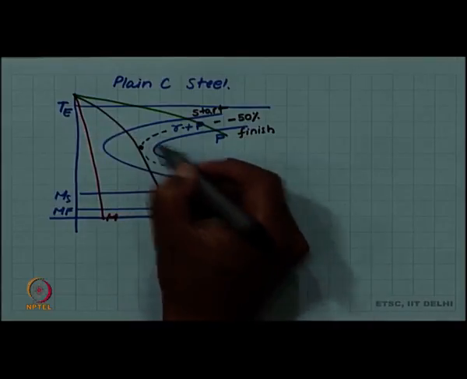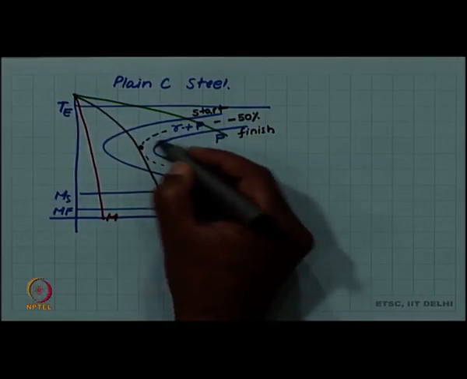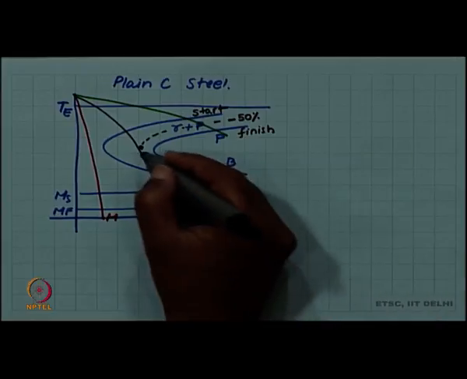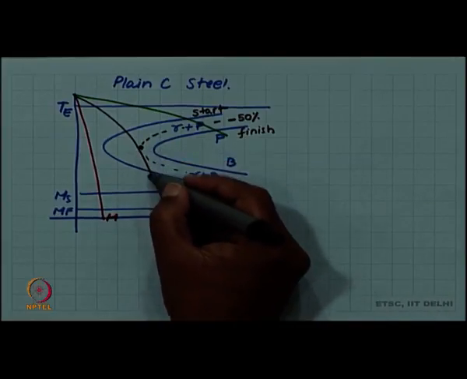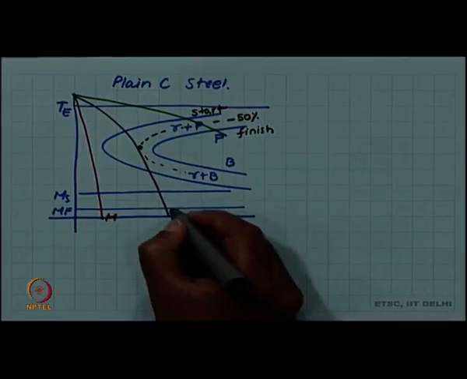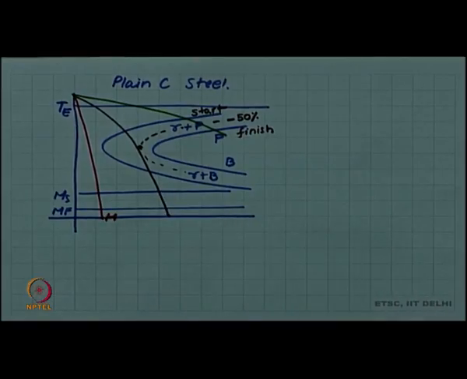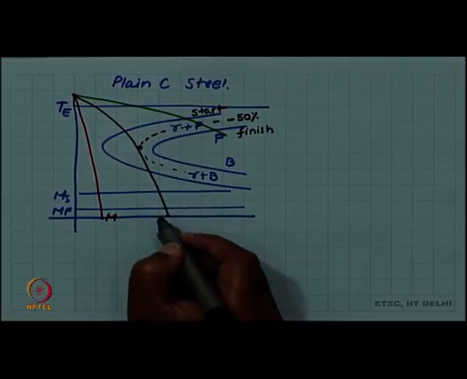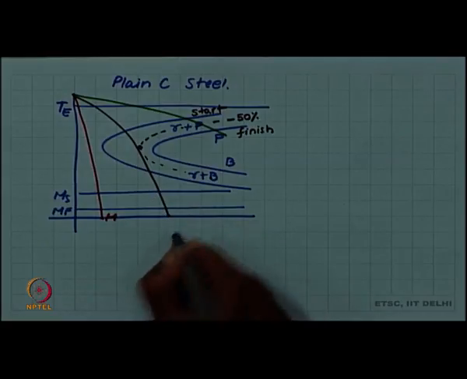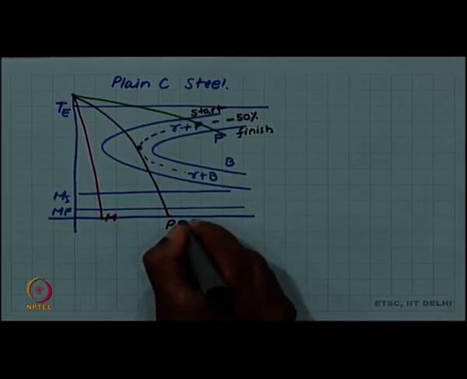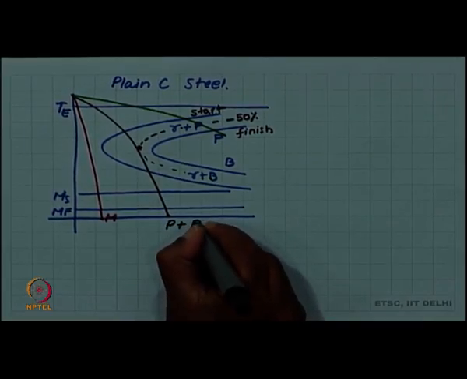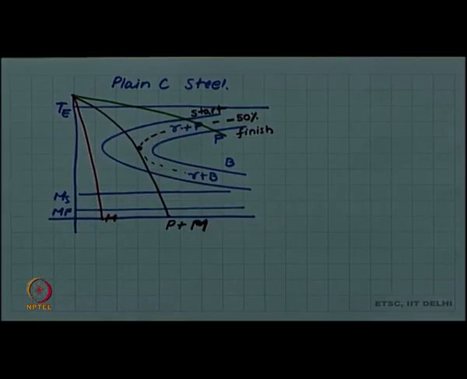So, this black curve will still produce 50% pearlite. The remaining 50% is austenite and will not transform to bainite on continuous cooling, but will transform to martensite as it crosses Ms and Mf. So, the microstructure produced here will be pearlite plus martensite, and there will be no bainite.